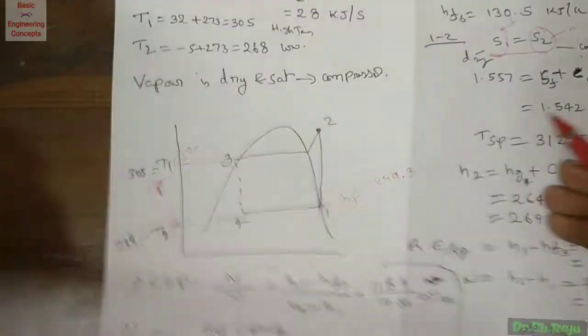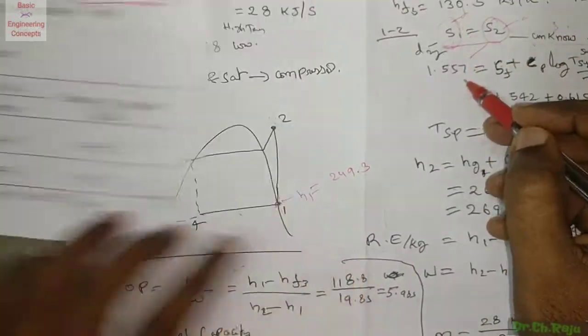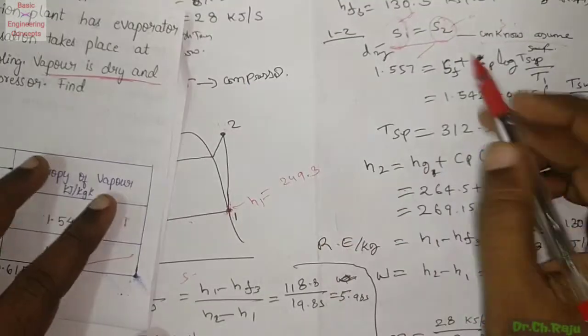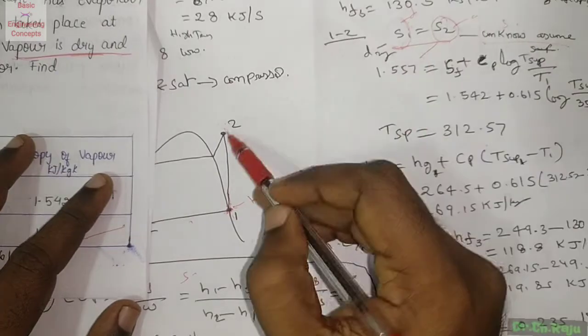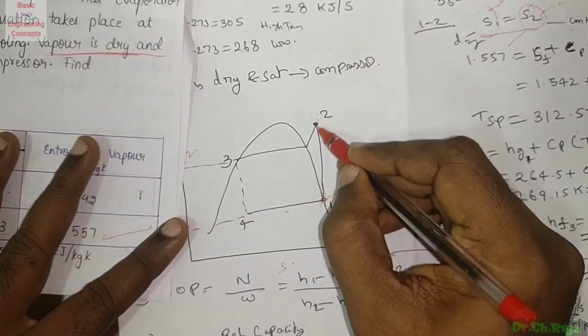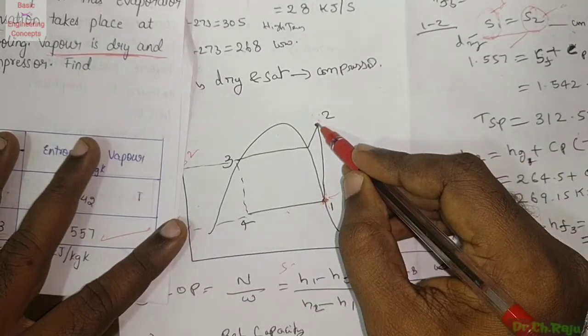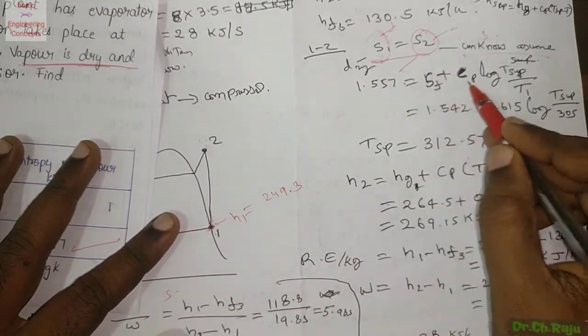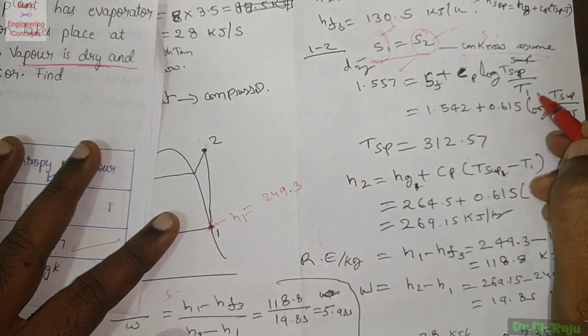For condition 1, the entropy of dry vapor at -5 degrees is 1.557. The entropy of vapor at the end of compression, assumed to be superheated, is the entropy of vapor at condition 2 plus Cp log T_sup by T1.